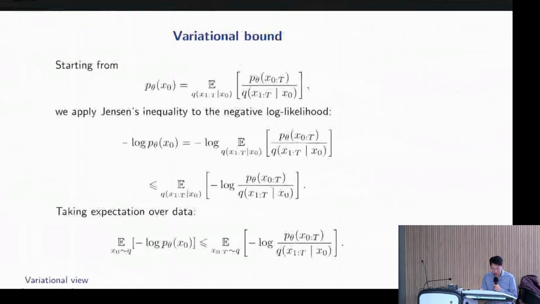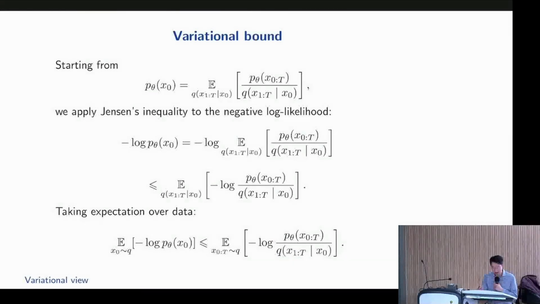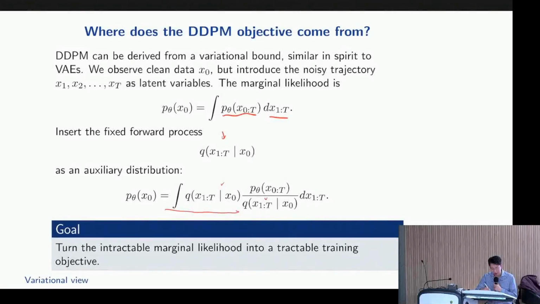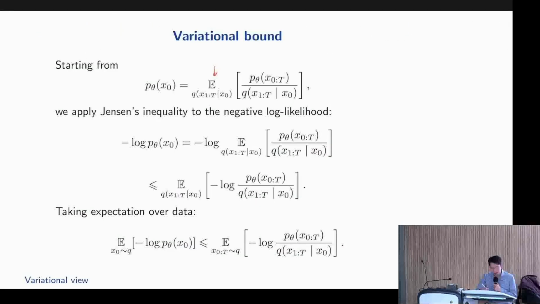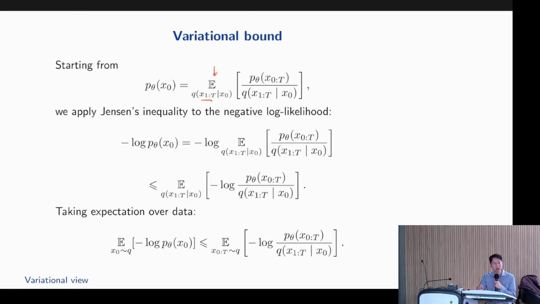So, as usual, I'm going to express this integral and distribution as expectation of the random variables x1 through xt, that follow this Q distribution, Q of x1 through t given x0. So I'm going to rewrite this integral as expectation under Q distribution of the ratio between the likelihood, the joint distribution and the Q distribution.